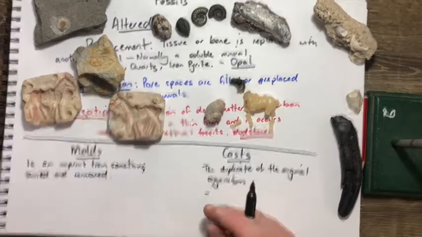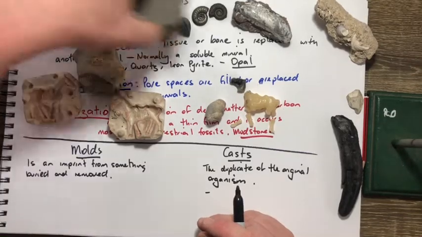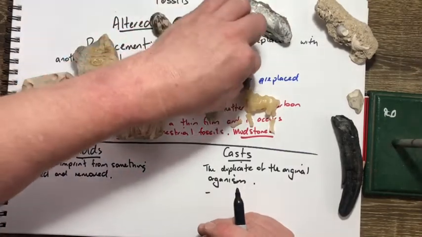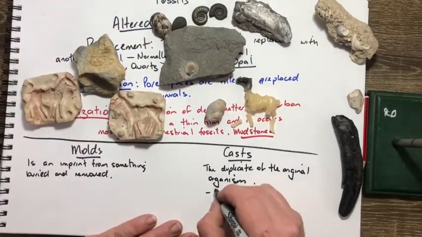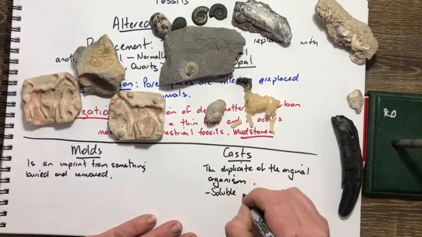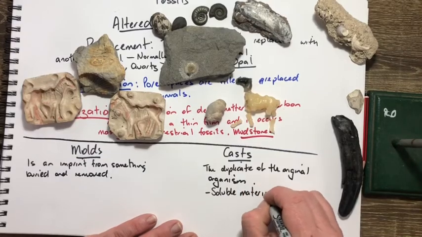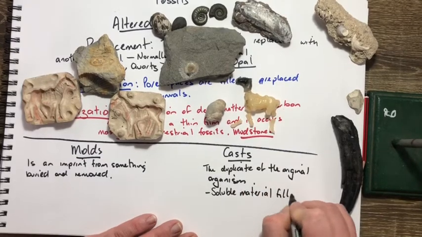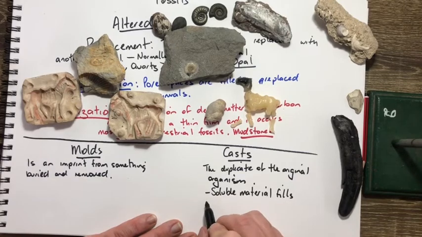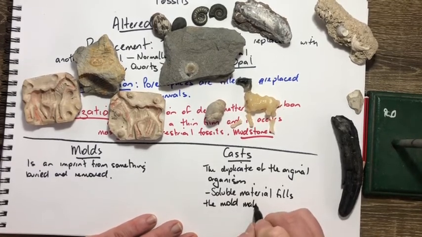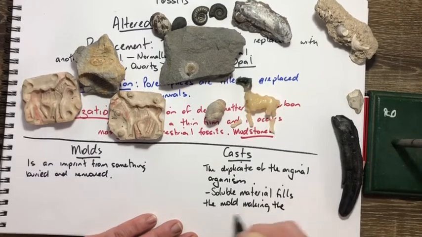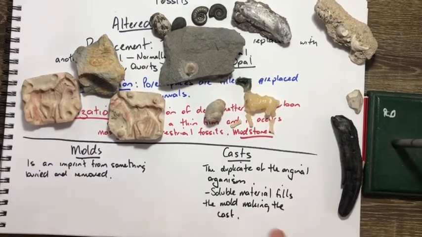So sediment, or often it's soluble material like calcite or silicon, fills the mold. And there you have it.